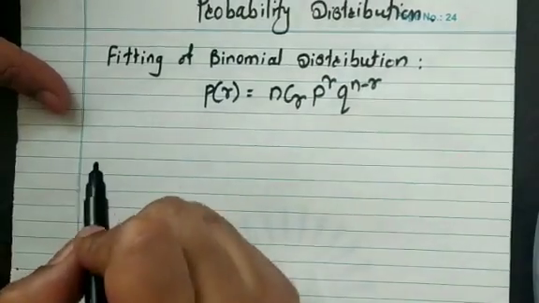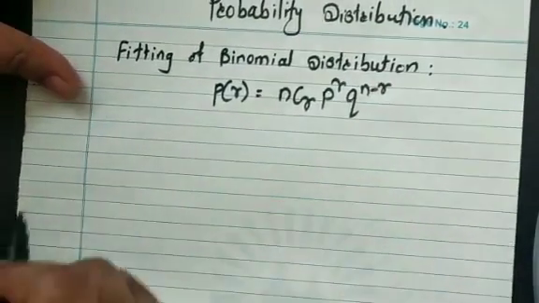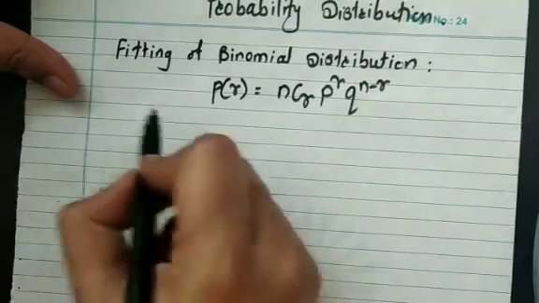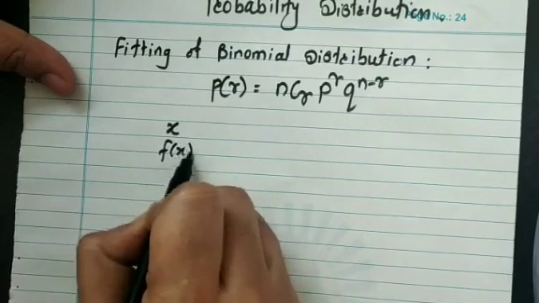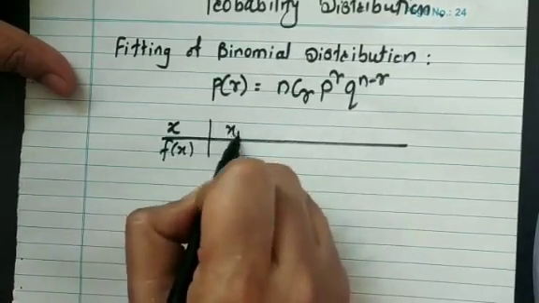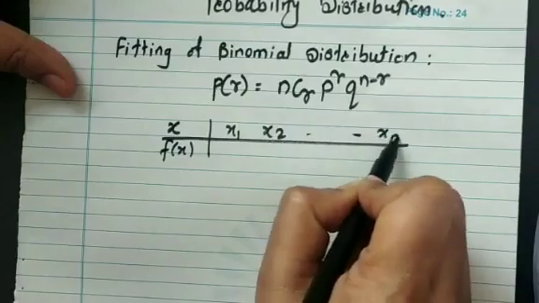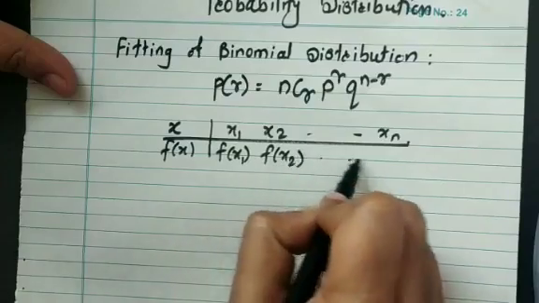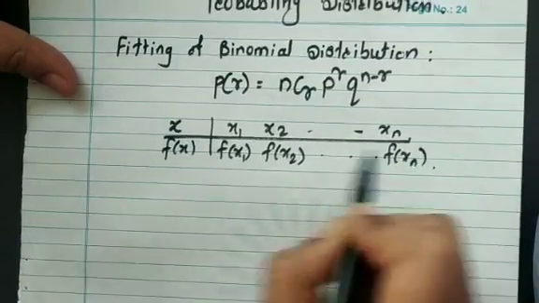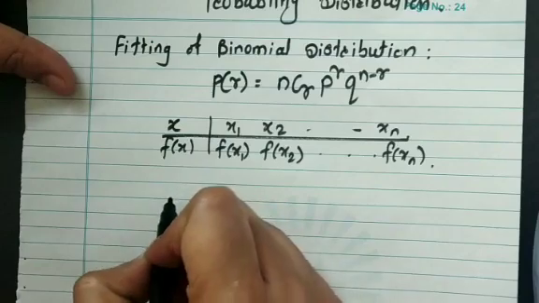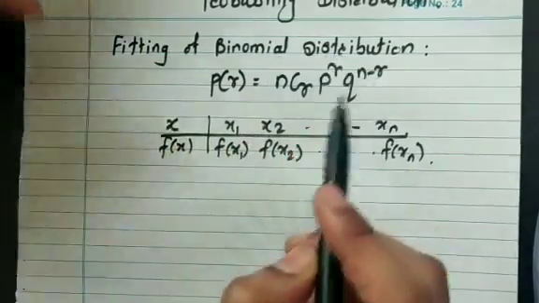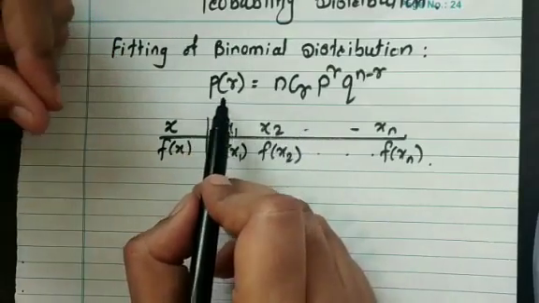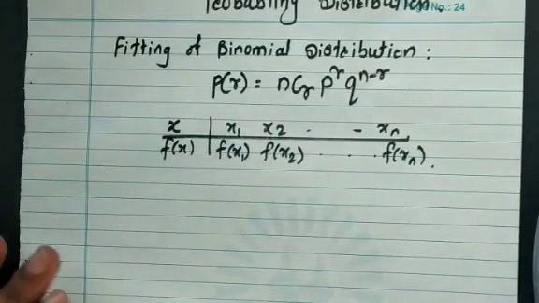If we are given some statistical data, like the values of x and their frequencies, a table with values x1, x2, up to xn and corresponding frequencies f of x1, f of x2, and so on, and they ask you to fit a binomial distribution to it, that is, we have to fit this formula and find the frequencies by that.